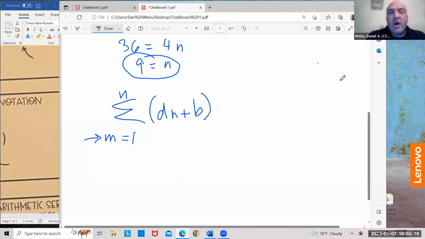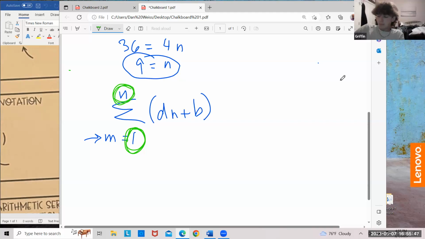Here's what I want to make sure you don't confuse. This number here is the first of however many numbers there are. This N here is the total number of numbers. So you could say N here.